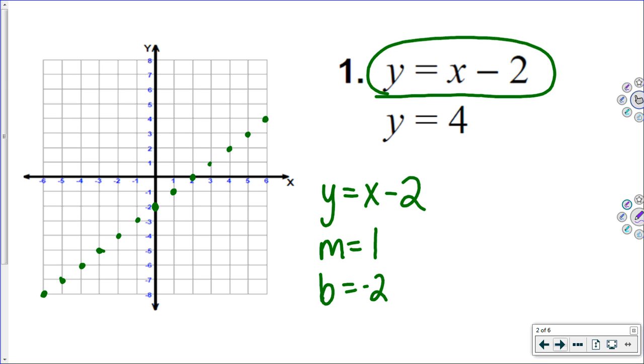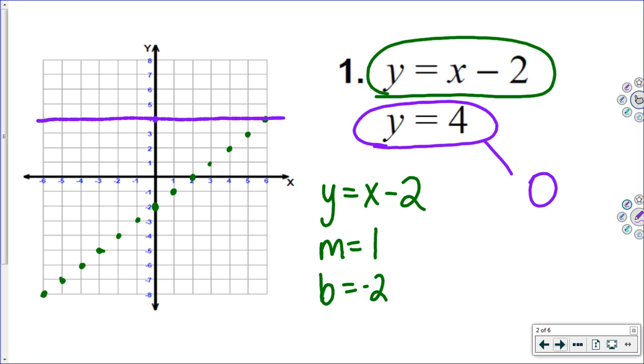Next, we are going to plot or graph this line. Y equals 4. When I look at this, I don't see an x, which means that the slope is 0. Y equals 4 is every point on the line where y equals 4.